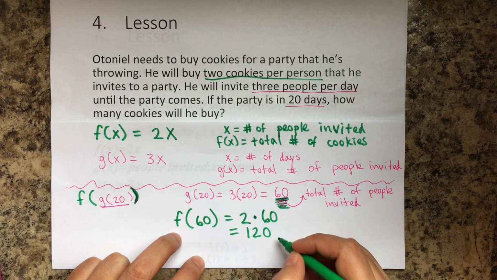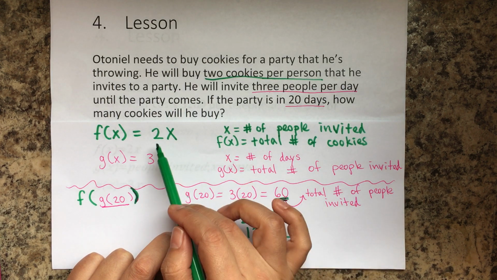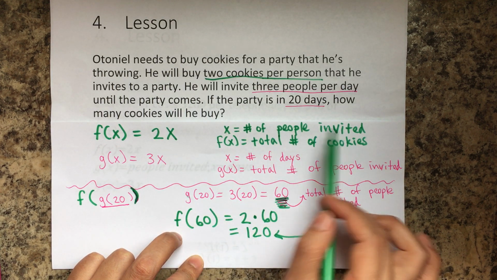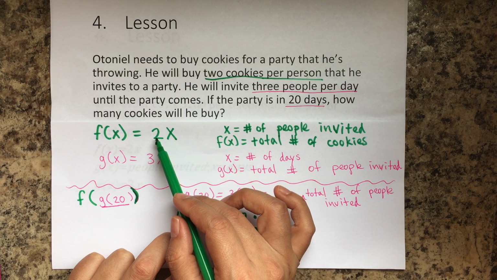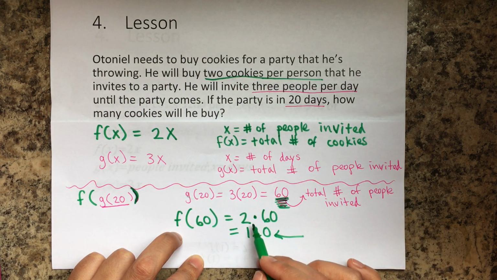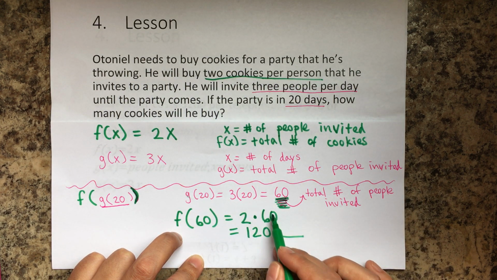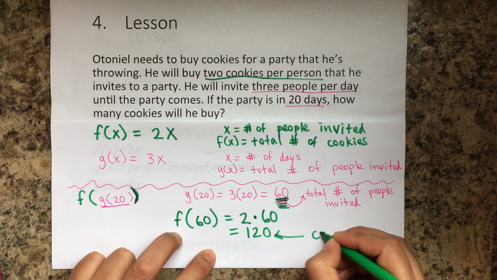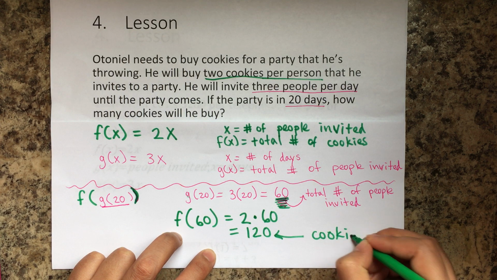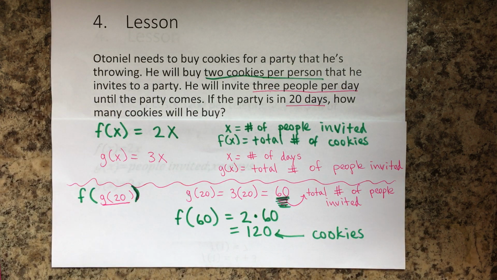Now what does that 120 represent? The x is the number of people invited, and the 2 represents the 2 cookies per person, so the 2 cookies multiplied by the 60 people invited gives me 120 cookies in total that Otoniel has to buy.